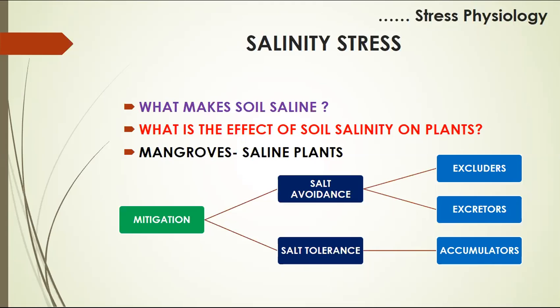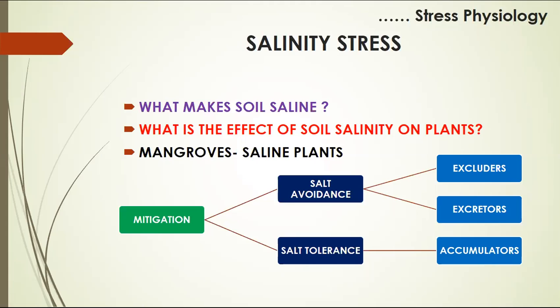Mangroves, however, are able to survive in saline environments. They are a beautiful group of plants for study, because they have developed mechanisms by way of which they can survive in this environment. Special mention is to be made about their adaptive mechanisms in terms of tolerance and avoidance. Special mention is also to be made about the pneumatophore structures that they give out and the vivipary mode of germination.